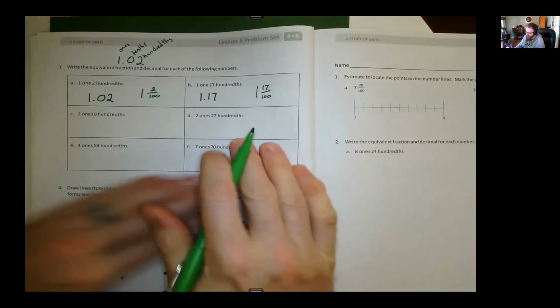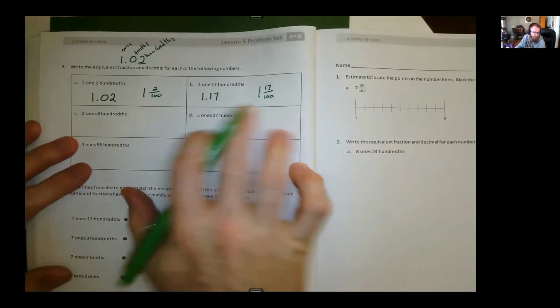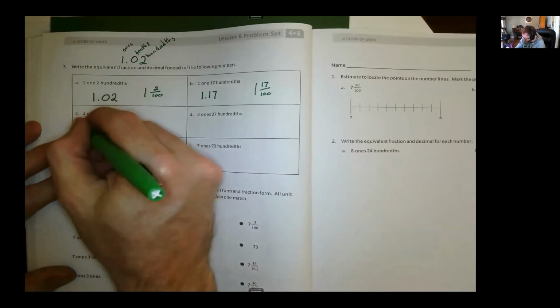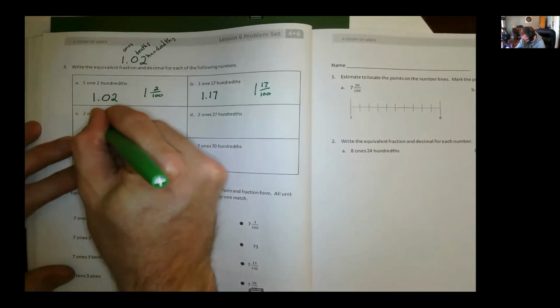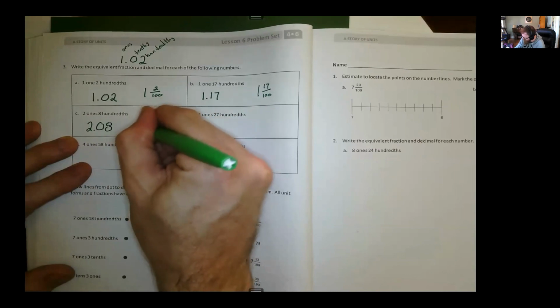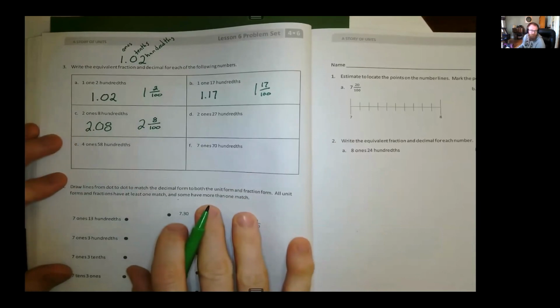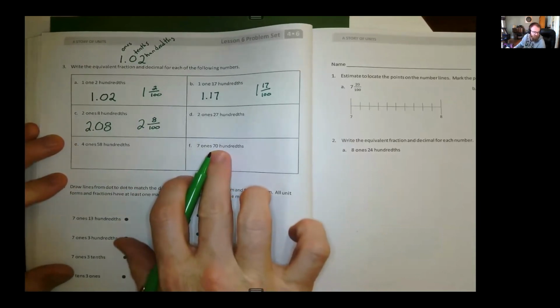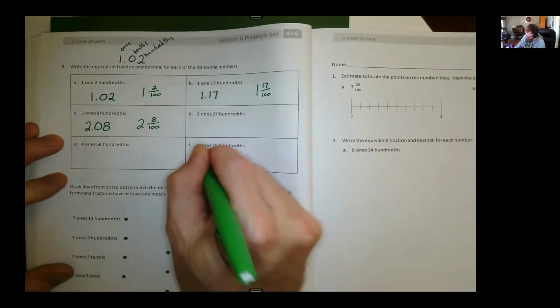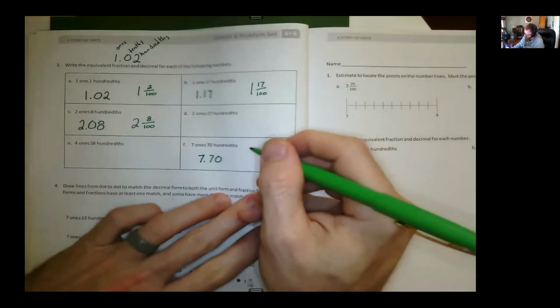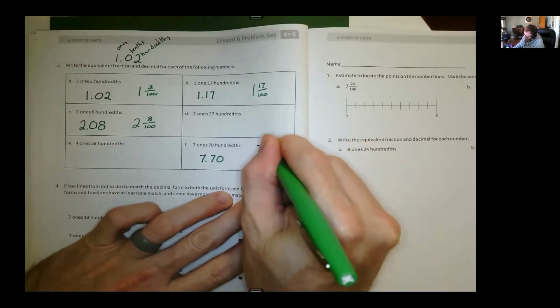If you're showing hundredths, just make sure that 100 is your denominator. 2 ones and 8 hundredths looks like 2.08 as a decimal, and 2 and 8 hundredths as a fraction. 7 ones and 70 hundredths looks like that, or like this.